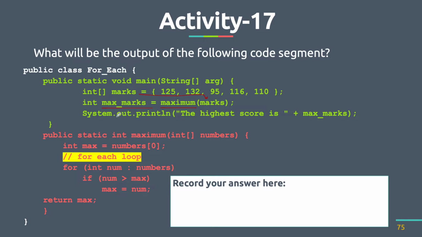But if it was a primitive data type, such as a double, an integer, a character, then it will send a copy to this method, and then this method will be handling this copy.